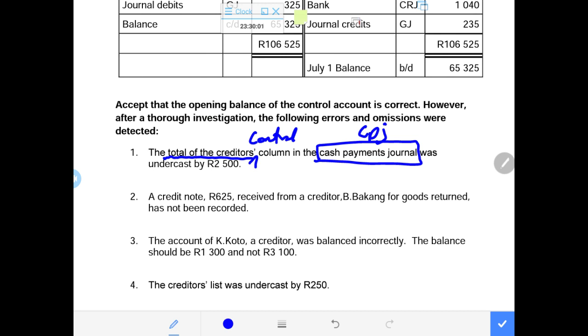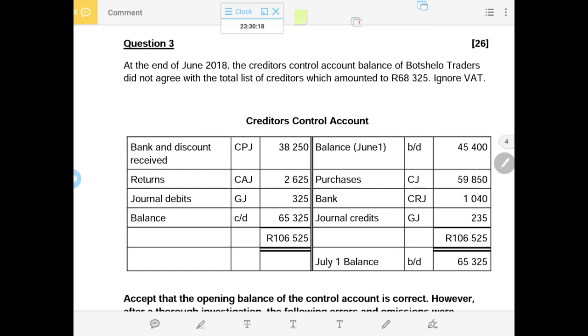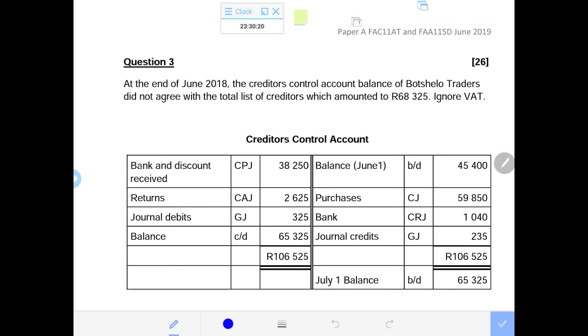So the list of the creditors is not affected, but the total of the creditors control column in the cash payment journal is. So what are they saying about this column? They say this column in the cash payment journal is underestimated. Remember, when we pay our creditors, we pay them on the debit side, where they are decreasing whenever we pay them. So there we can see the cash payment journal.